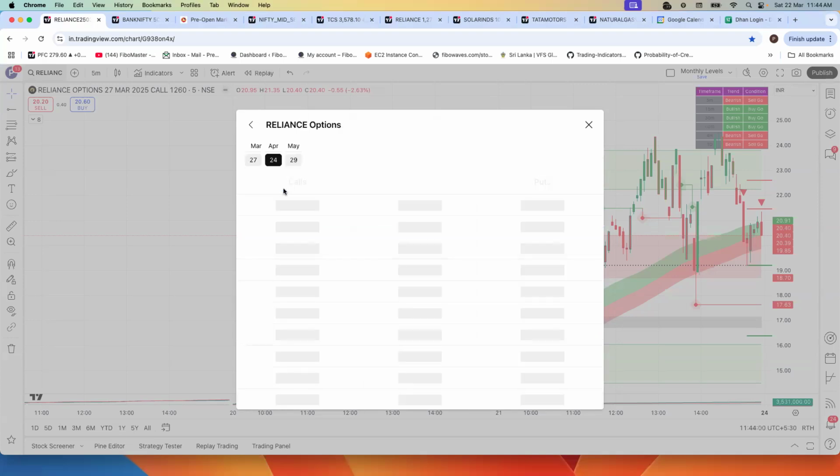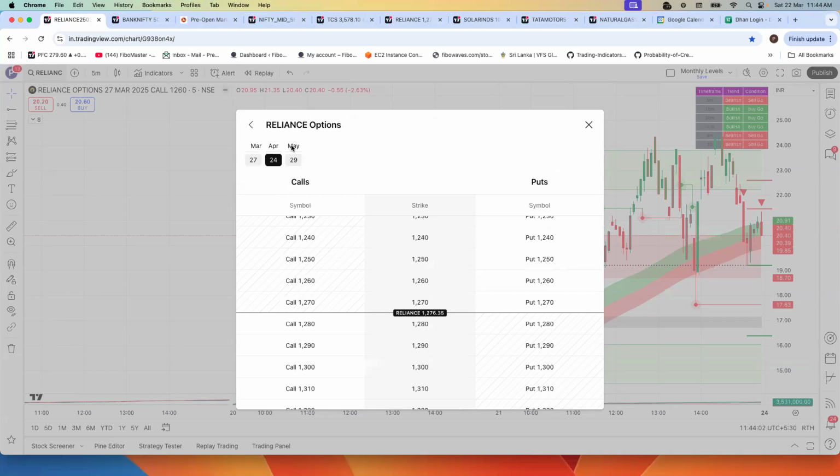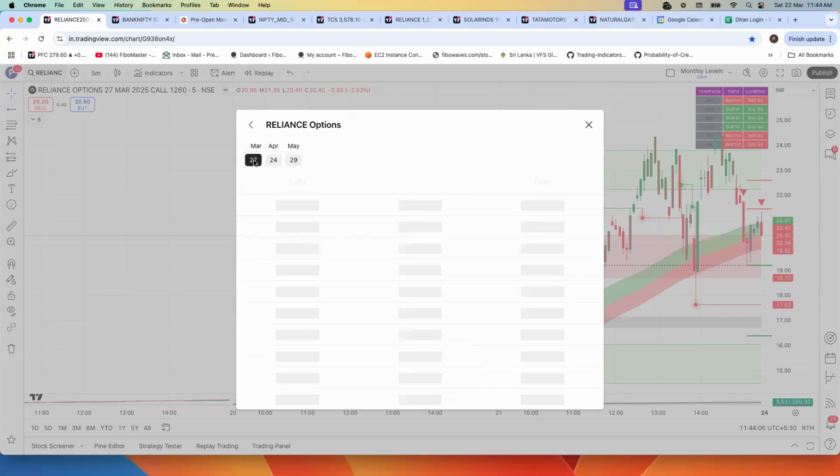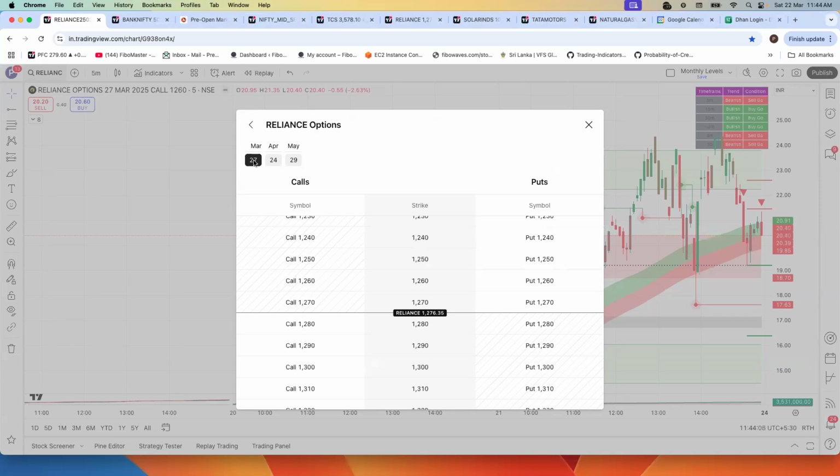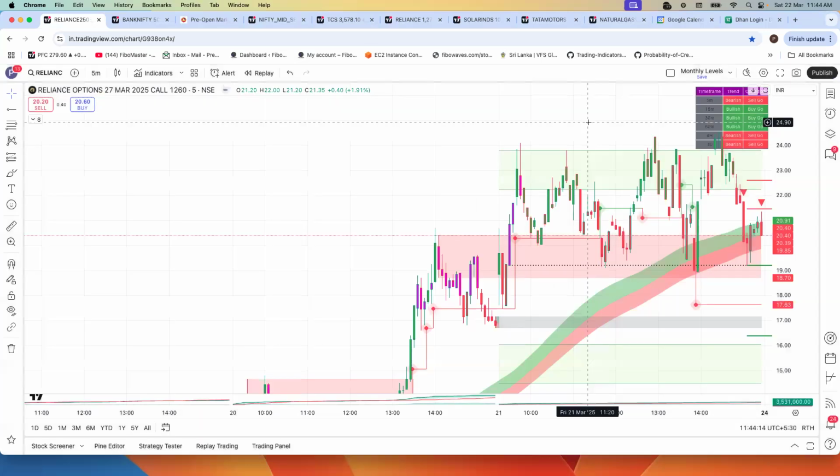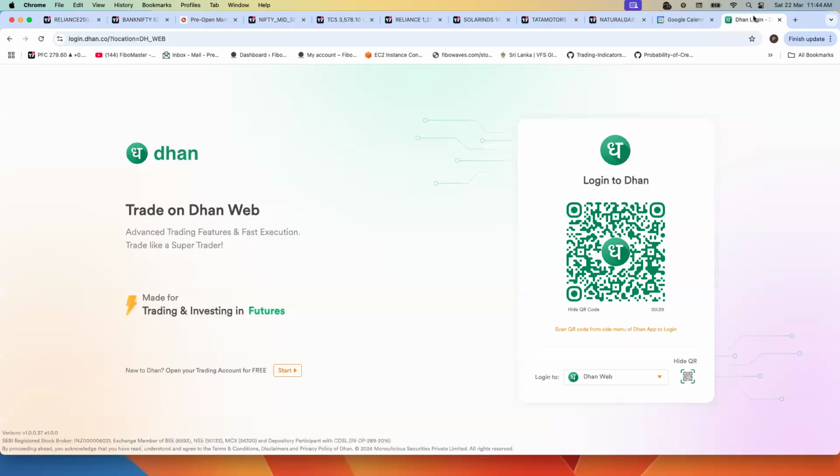When you click on Reliance, you'll find March, April, May. You can select which option you want. Spot price, this is call option, this is put option. Okay, I'll log in and show you.